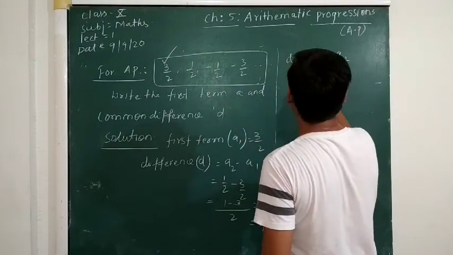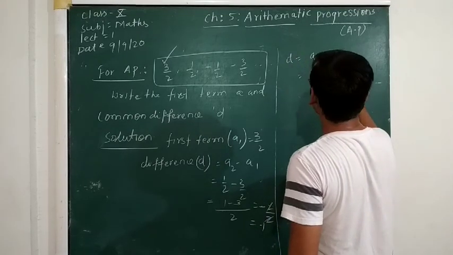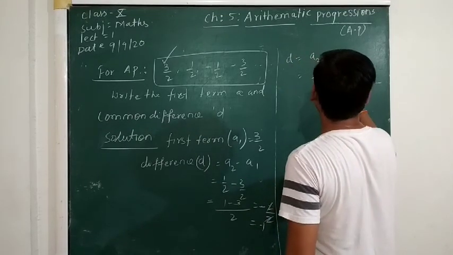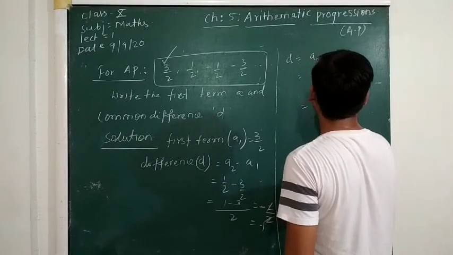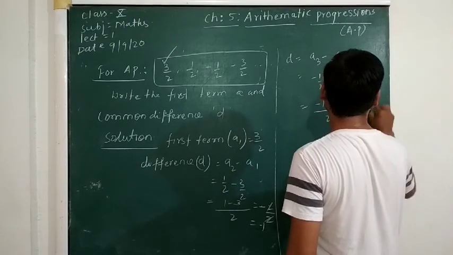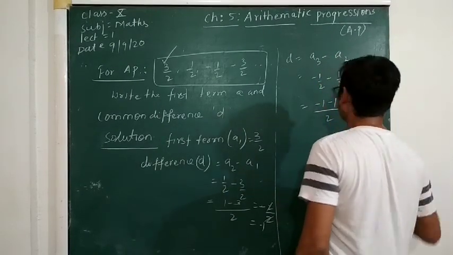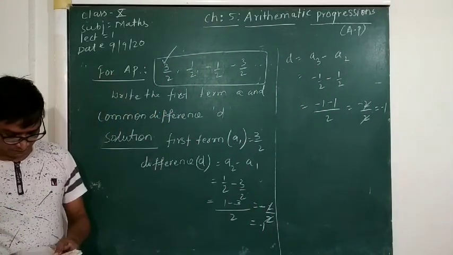A3 is minus 1 by 2 minus 1 by 2. So here minus 1 and minus 1 by 2, so it will be minus 2 by 2. So minus 1. Okay, so here we can find it.